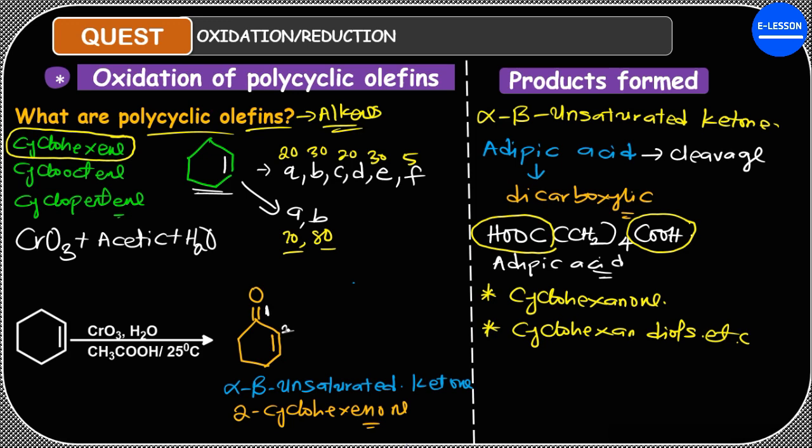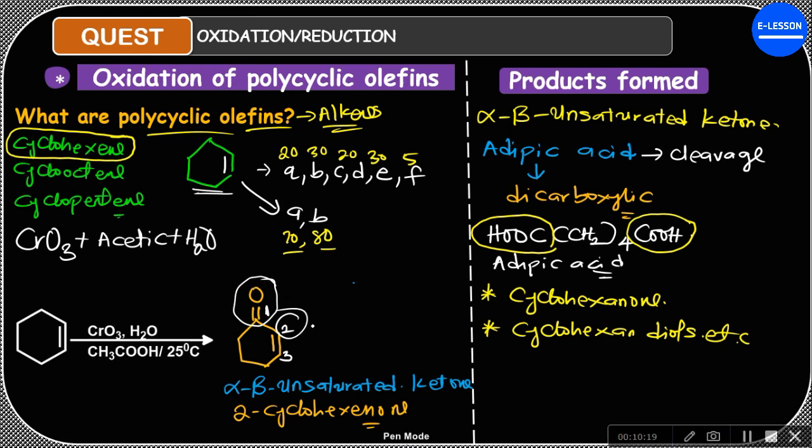Here will be number 2, and here will be number 3. So at what position is the alkene or the unsaturation? At position number 2. So you call this 2-cyclohexenone. Are you getting it now? 2-cyclohexene means at position number 2 there is a double bond, then hexanone, because of this ketone functional group. So that is everything you need to know about the oxidation of polycyclic olefin.